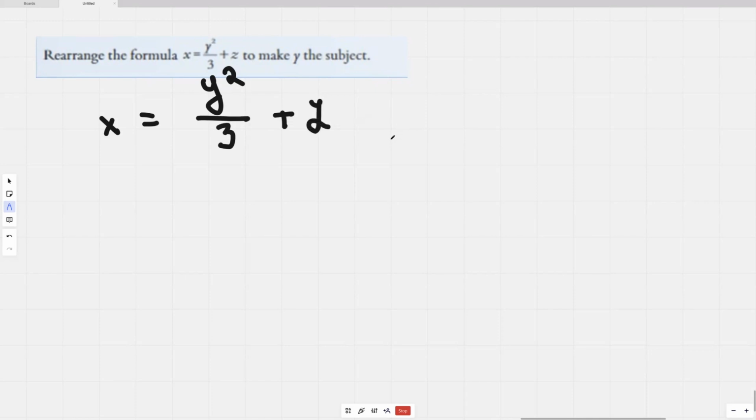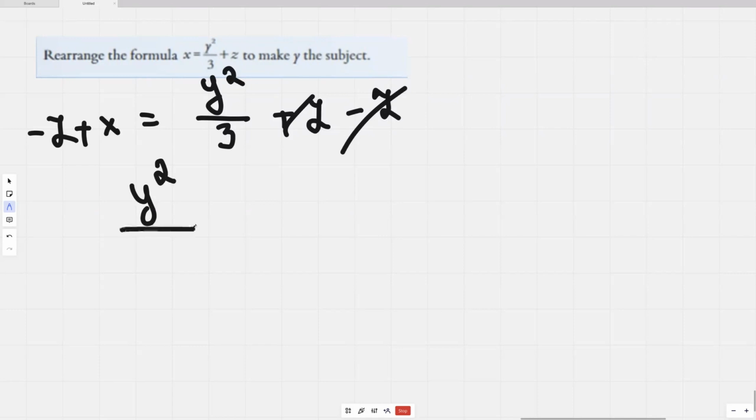So we have to take the z from both sides to leave y squared only. So we have to subtract z from both sides: negative z plus x. This is cancelled out, which means y squared over 3 is equal to x minus z.